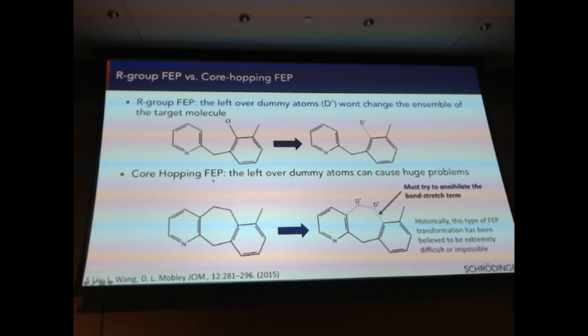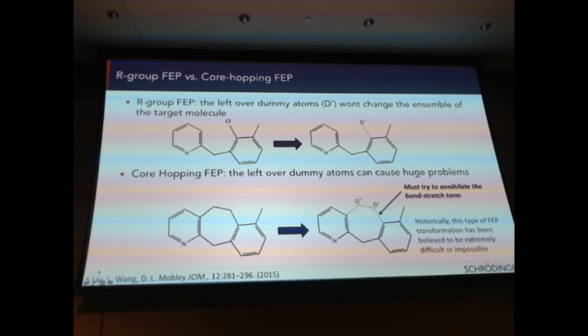For example, shown here is a mutation to cyclize a linear molecule into a fused ring. If you retain all the bonded stretch interaction between the leftover dummy atom and the physical atom in the ligand, then you can see that the ensemble of configurations sampled for the mixed topology molecule is going to be different from the ensemble of configurations for the real physical molecule.